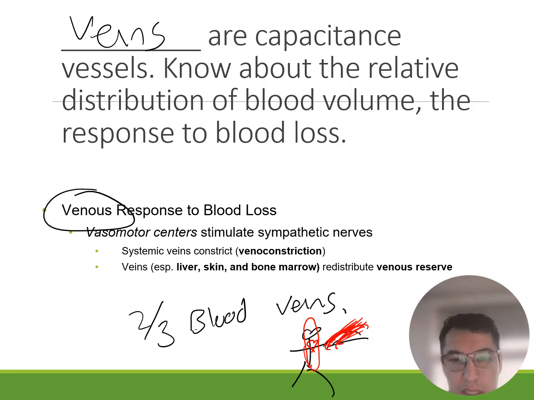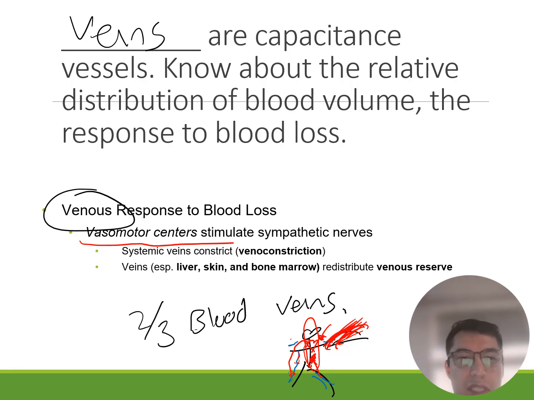So what does the body do? The body is going to contract the venous system, and it's going to shunt more blood into that arterial system. Okay, and that is what we call the vasomotor centers stimulating sympathetic nerves. There is a venous response. There is venoconstriction. All right.